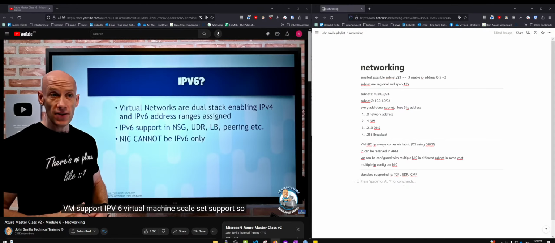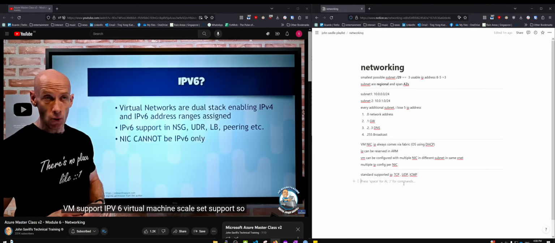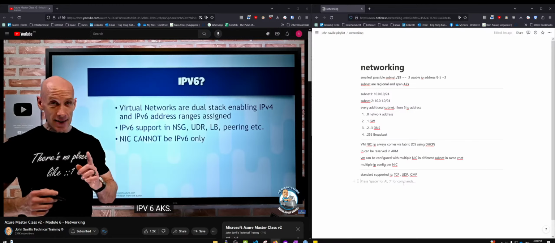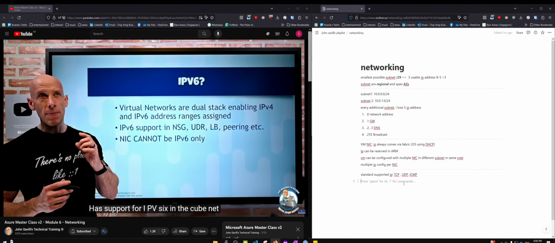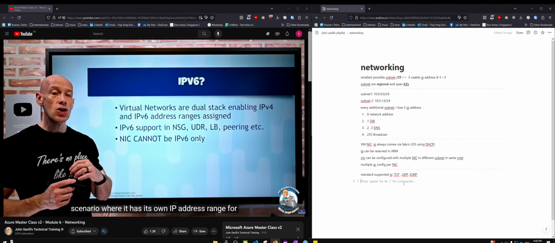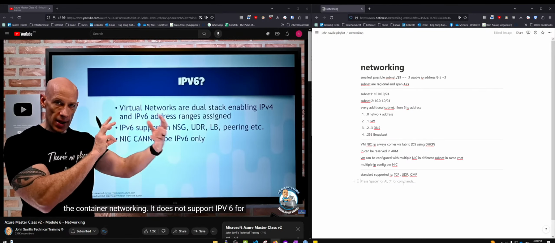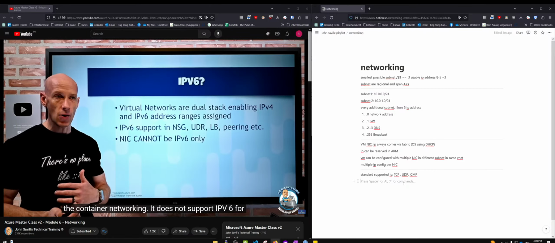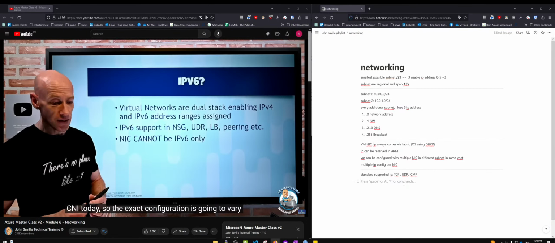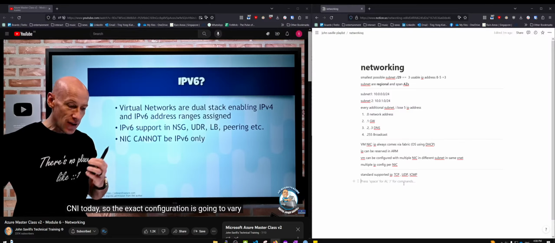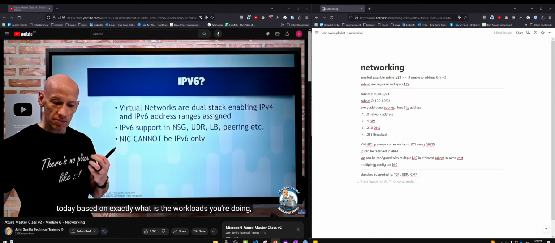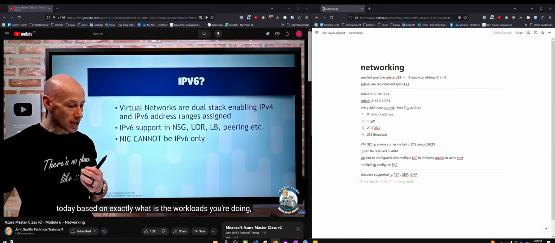VMs support IPv6. Virtual machine scale sets support IPv6. AKS has support for IPv6 in the kubenet scenario, where it has its own IP address range for the container networking. It does not support IPv6 for CNI today. So the exact configuration is going to vary based on exactly what workload you're doing.